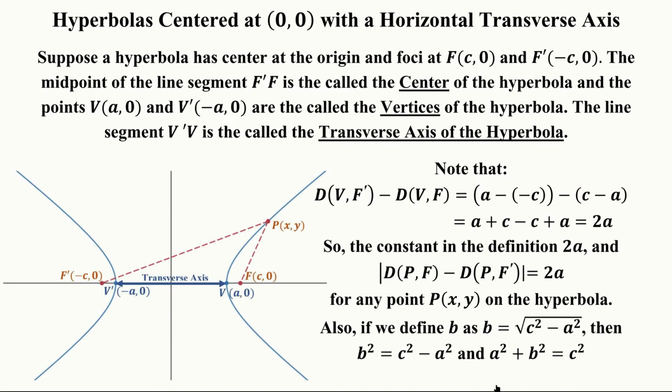Now, I wanted to quickly backtrack to this page because if you remember, for ellipses, the easy equation to memorize, for me at least, was b squared plus c squared equals a squared. But for hyperbolas, it's actually a squared plus b squared equals c squared. That's the one I usually try to memorize and work my way toward the other ones from that point.